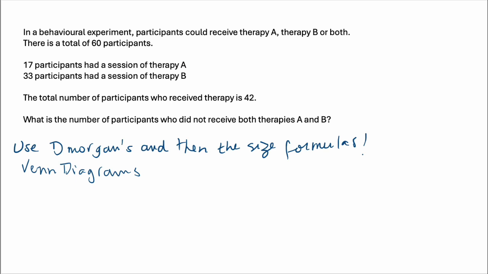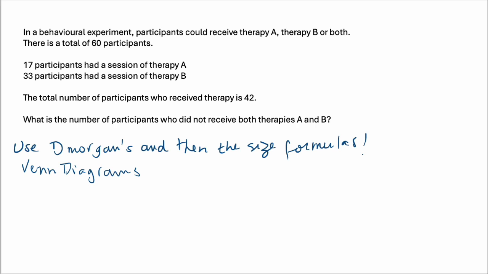Okay, so here's an exercise, and I'll give you some 5 to 8 minutes to try to do it. This is a real world example, okay? In a behavioral experiment, participants could receive therapy A, therapy B, or both, okay?